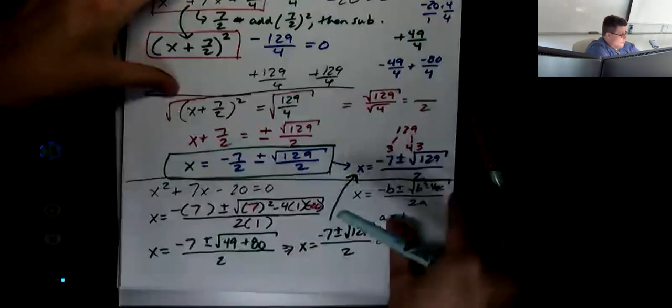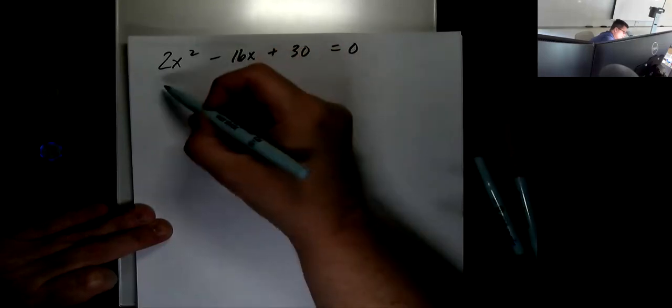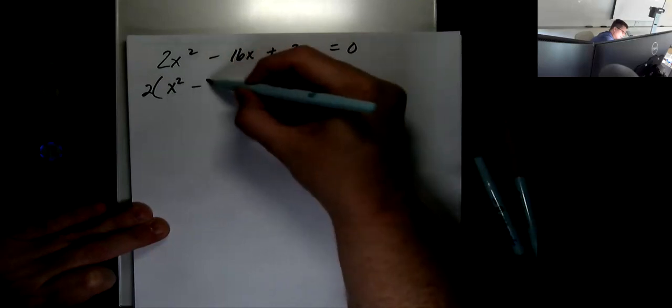Alright. We're not gonna do it, I'm just gonna show you how to deal with it when a is not 1 for completing the square. Like, let's say we had 2x squared minus 16x plus, I don't know, 30. You can factor out the 2 by dividing everything by it.